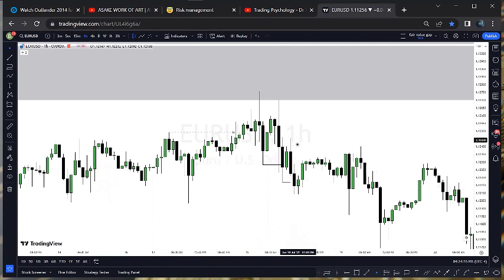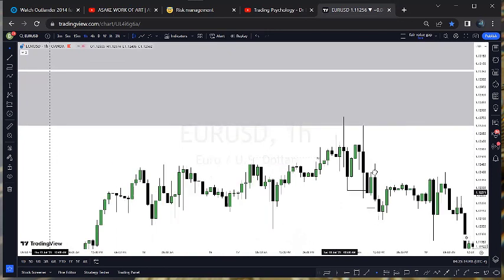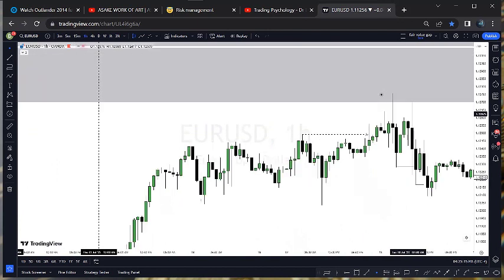Now, you should understand, they are no longer coming back to this high. Even this one now that broke here, they did not come back to this high. It means that this high now is protected. This particular high is now protected.